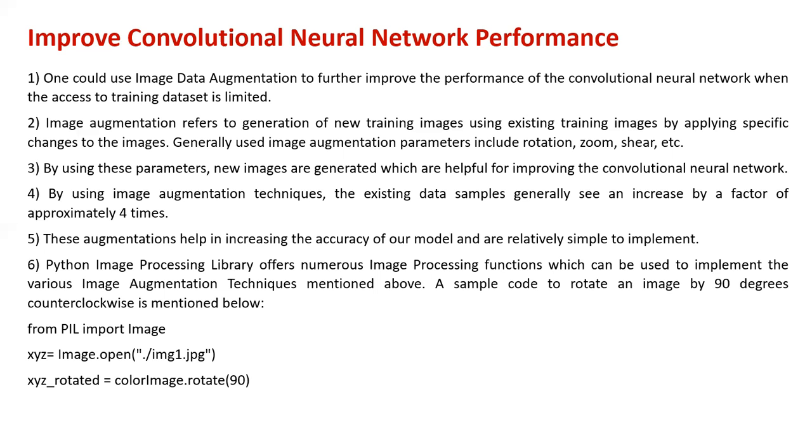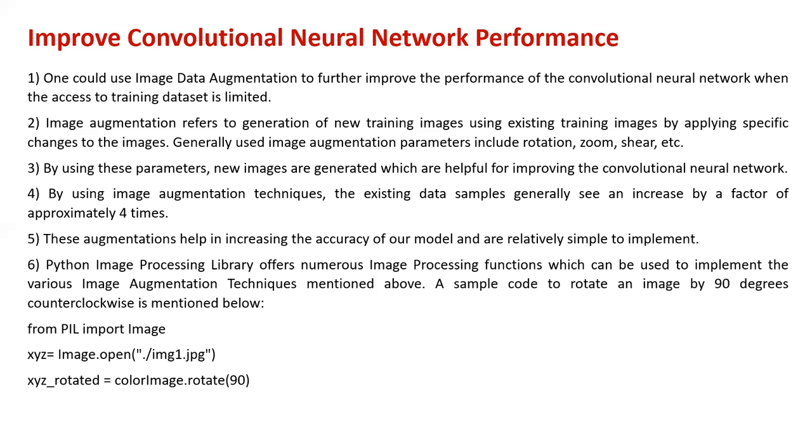So this is how we improve the convolutional neural network performance. By using the image augmentation technique, the existing data samples can be increased by a factor of approximately 4 times. By using these parameters, new images are generated, which are helpful for improving the convolutional neural network.